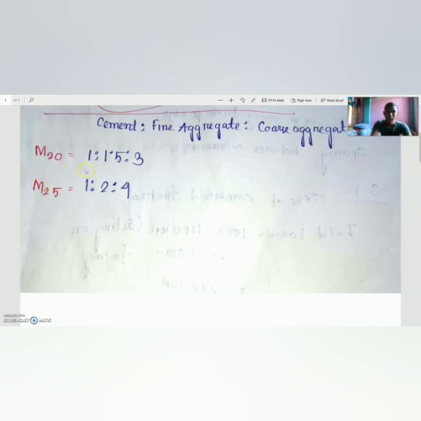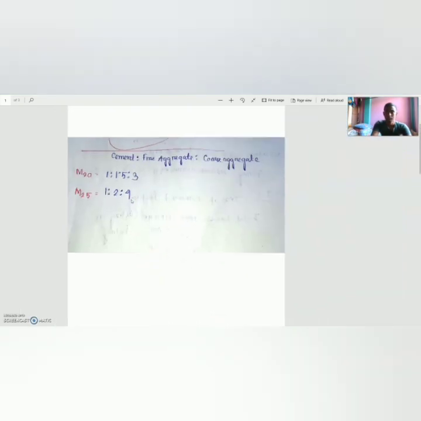For M20 the ratio of cement to fine aggregate to coarse aggregate is 1:1.5:3, and for M25 it is 1:2:4. Just remember that the coarse aggregate will be double the fine aggregate, like here the fine aggregate is 1.5 and the coarse aggregate is 3, and here it is 2 and 4.